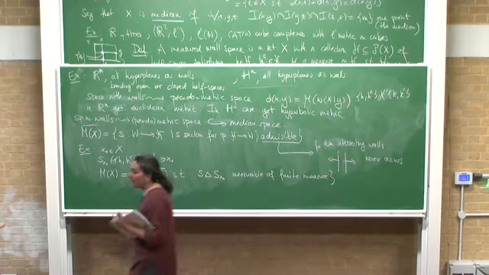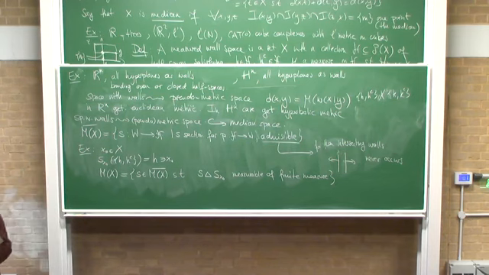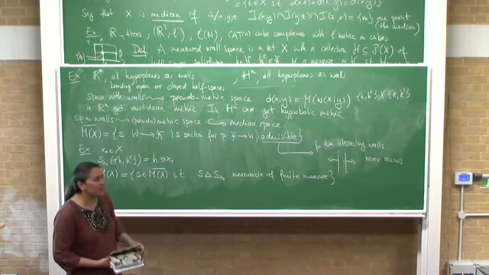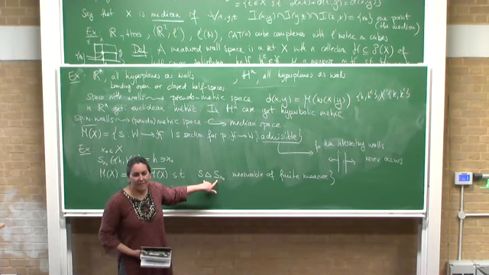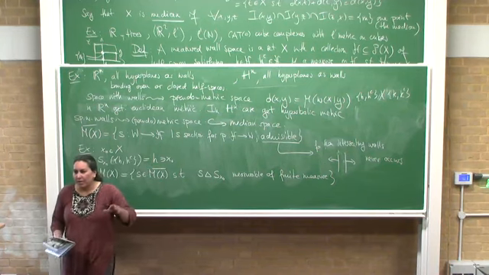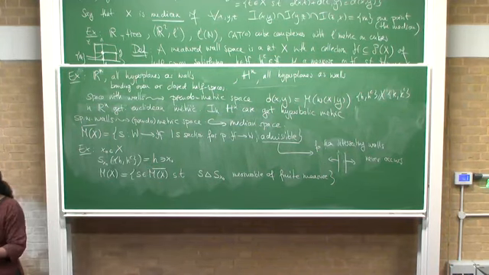And that's going to be my median space. The distance between two sections is going to be given by the measure of the walls on which they differ.